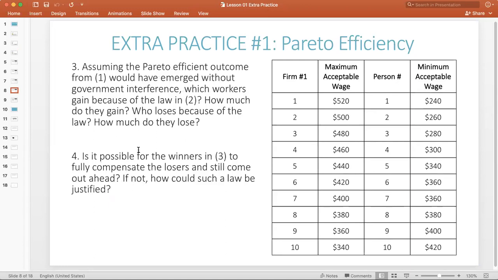So this law can only be justified using principles developed outside of economics. So nothing we've learned in the course so far can help us solve this problem.